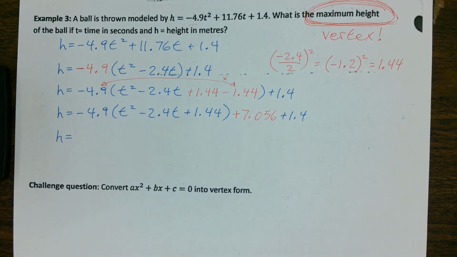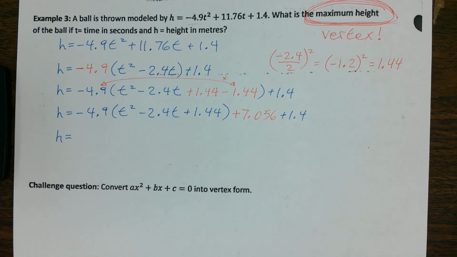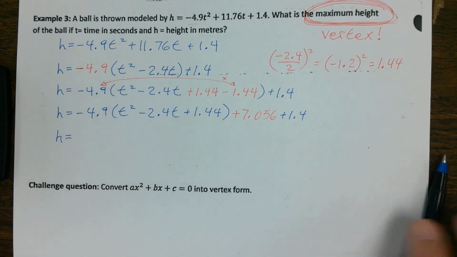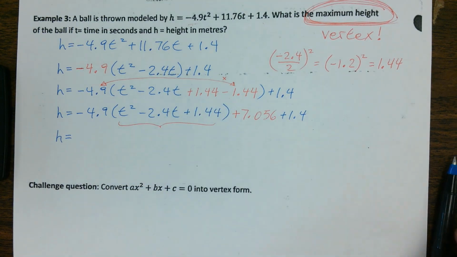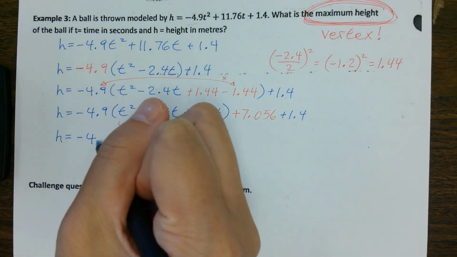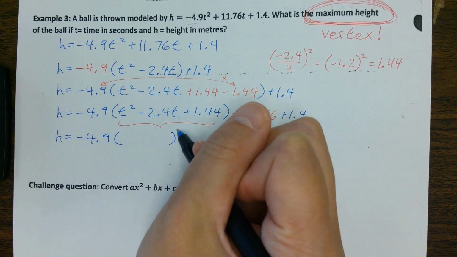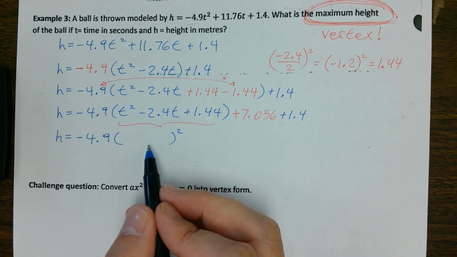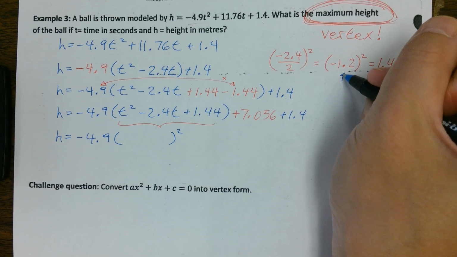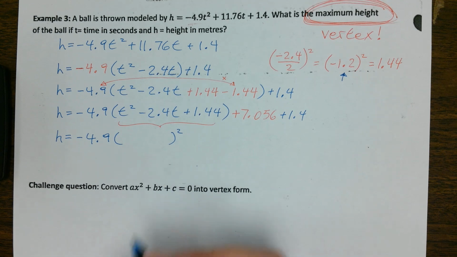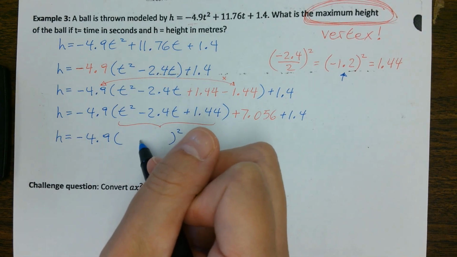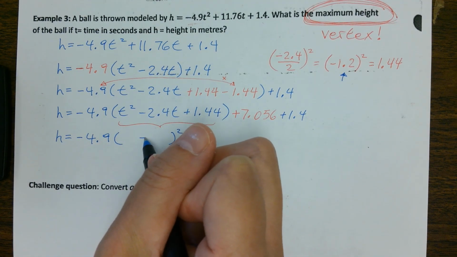h equals, let's see, Samantha, my next step, number 5. This square. So negative 4.9. What do I write in this bracket? t plus 1.44. Okay, so remember it's this number. The 1.44, we used it already. We used it here. So it's this inside the bracket. So it's going to be? t minus 1.2.